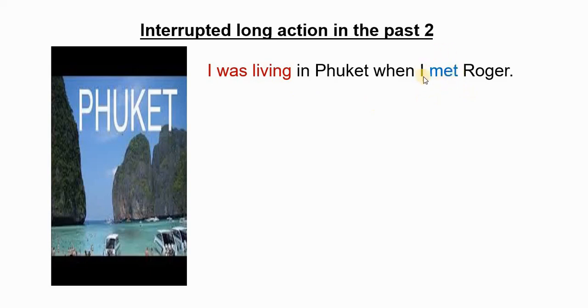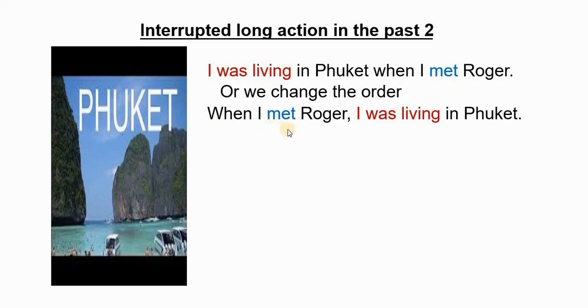So this is the past simple, and this is the past continuous, I was living. And we can change the order. When I met Roger, I was living in Phuket. Alright? So, when plus, take note here, when plus past simple.